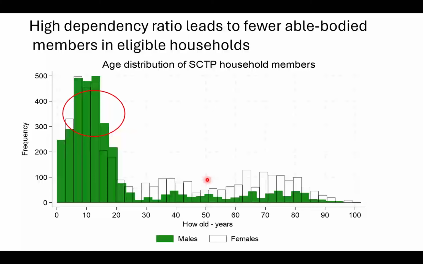The white bars are women or females, and grannies are basically caring for orphans is the situation in these households. Okay, so there are very few prime age. So it's hard to imagine these households somehow jumping into the middle class, right? They're very vulnerable households.